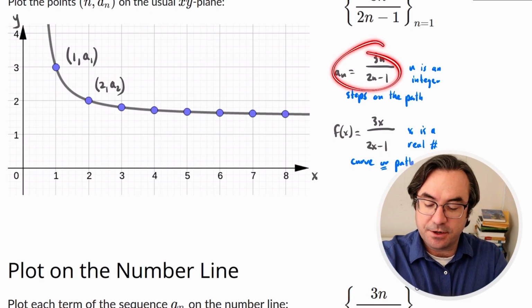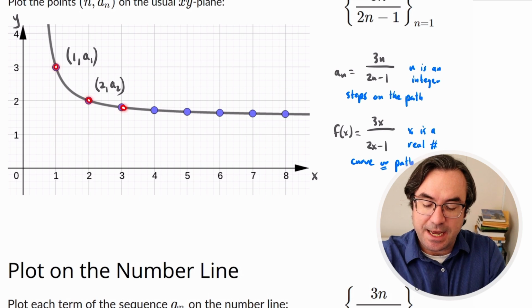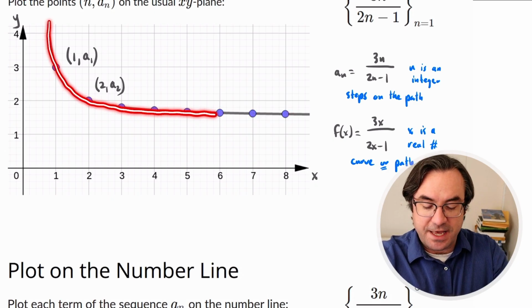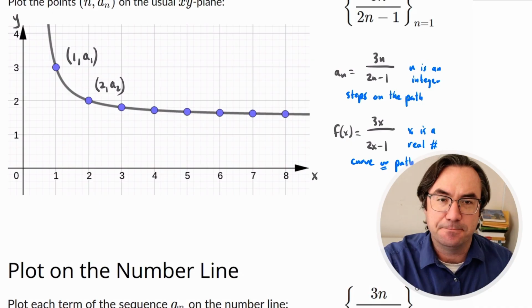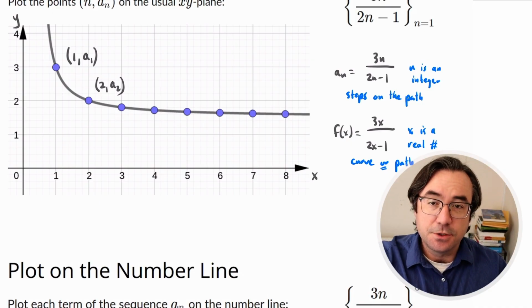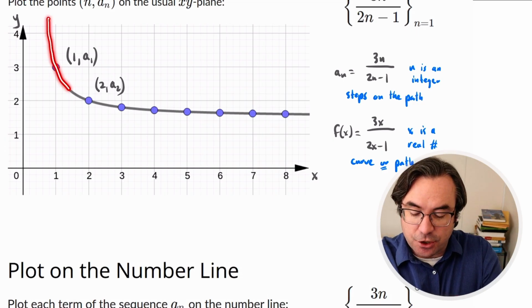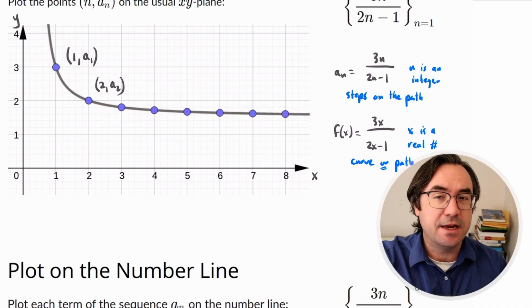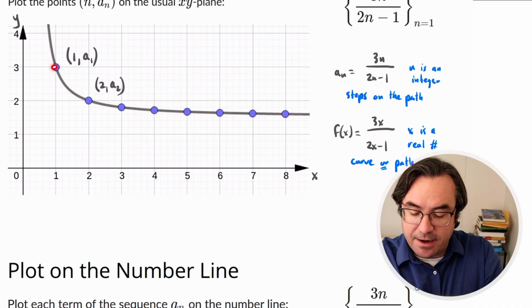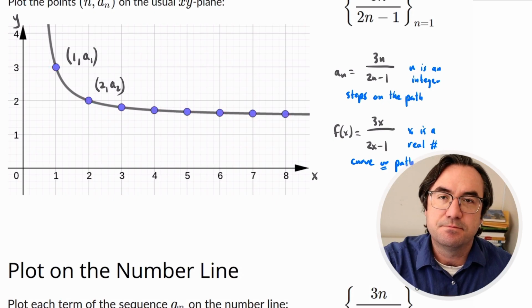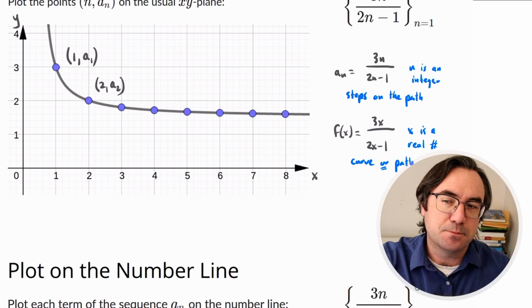So the sequence here is giving us discrete steps along our path, and the function is the actual curve. It's the actual path that we're traveling on. So this is one way to picture a sequence: we have this curve y equals f of x plotted in the xy plane, and then we have these discrete points on our curve.